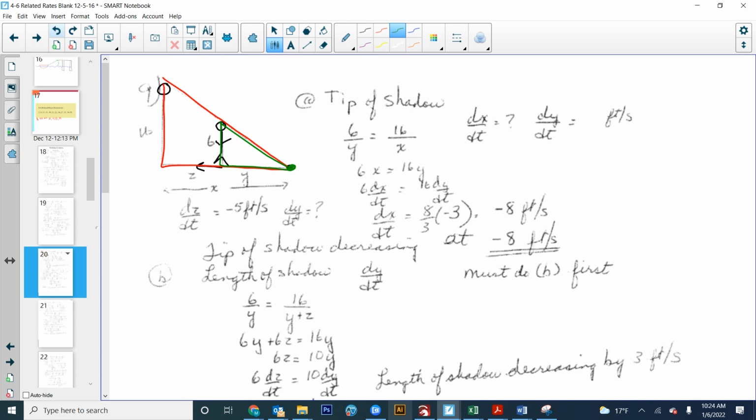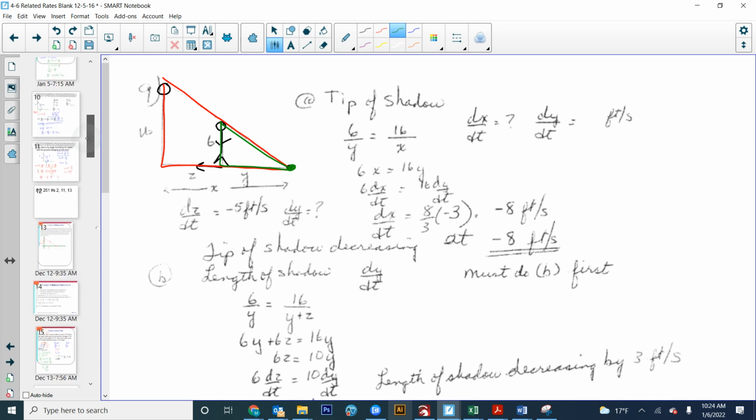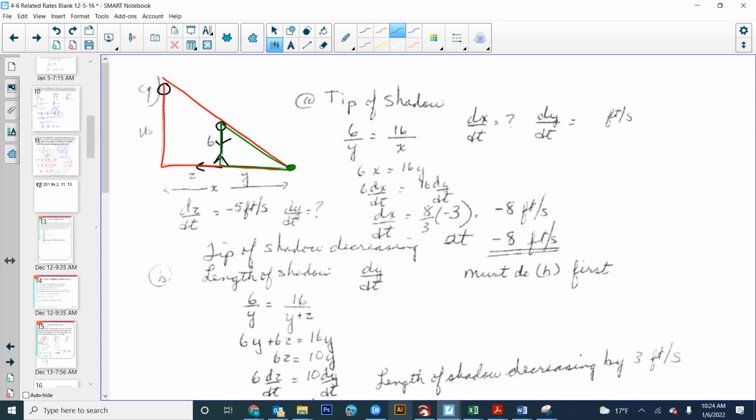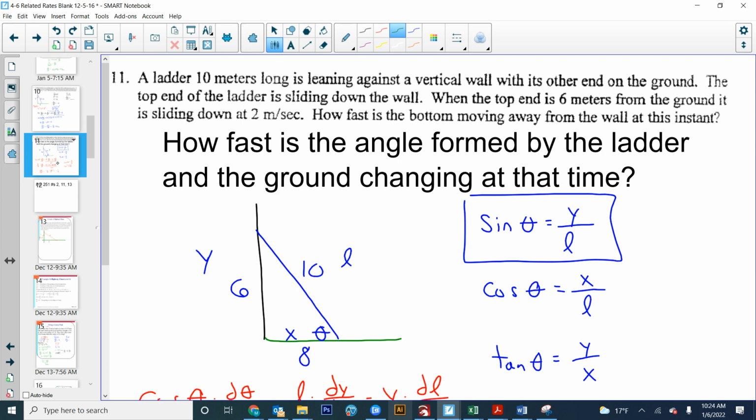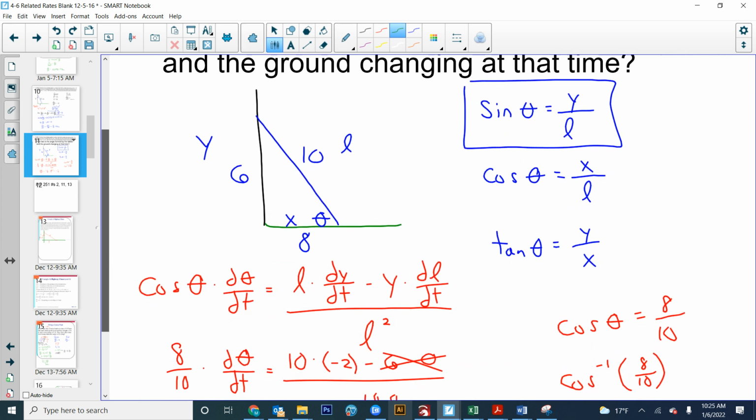And to flash back to yesterday's problem, I don't want to confuse you, and I didn't want to do this at the time. But in this problem, when we went to do sine of theta is y over L, could we have gotten by with sine of theta equals y over 10 and then taken the derivative?